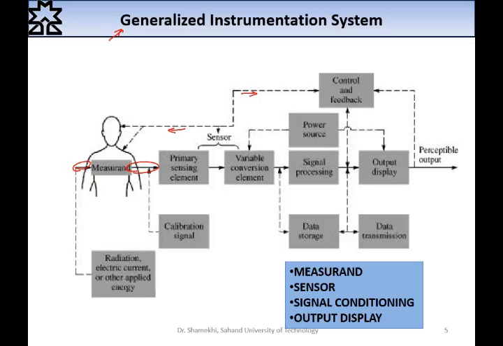Solid lines mean that the parts connected using solid lines are essential for an instrumentation system, and dashed lines mean that the parts connected using dashed lines are not necessary, not basic.